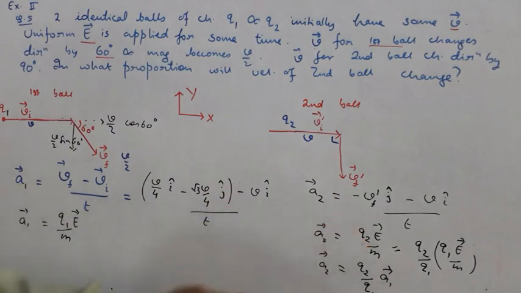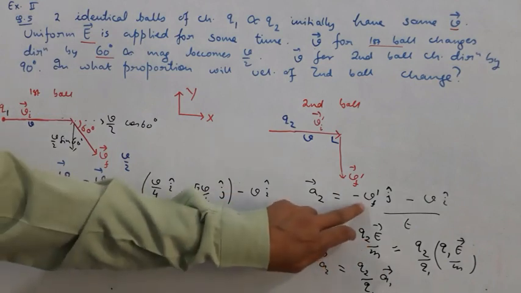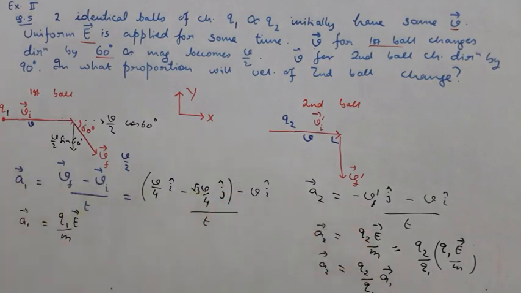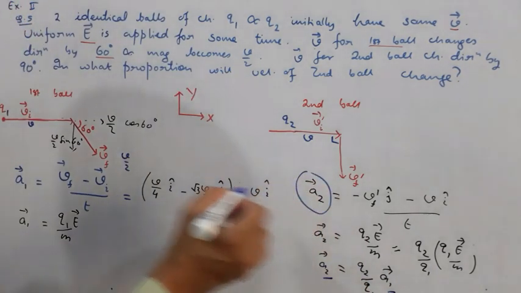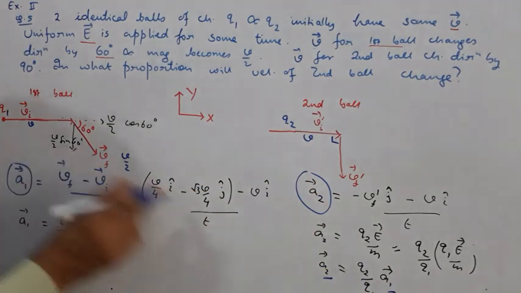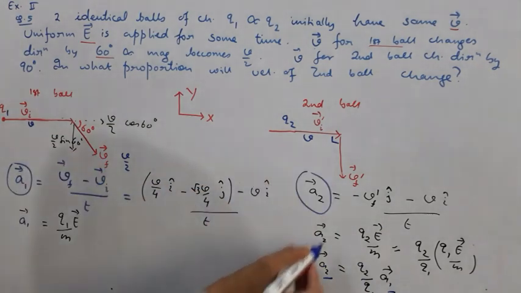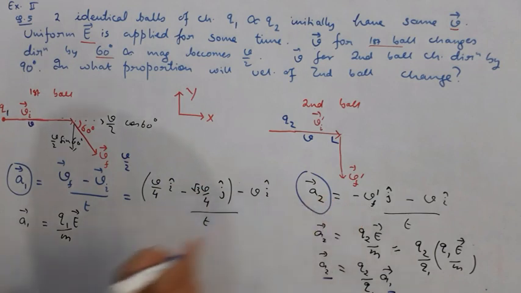So we'll equate this thing. Instead of a2 vector I will write this, and instead of a1 vector I will write this. If you put these two things, a2 and a1 you will replace by this particular equation and this particular equation. So for a2 you will get one equation.